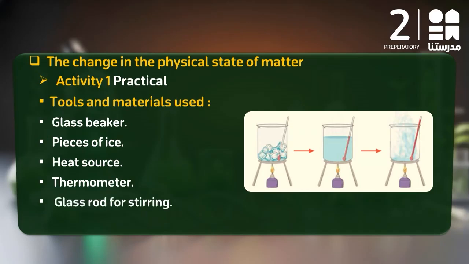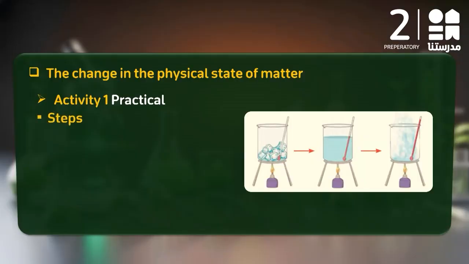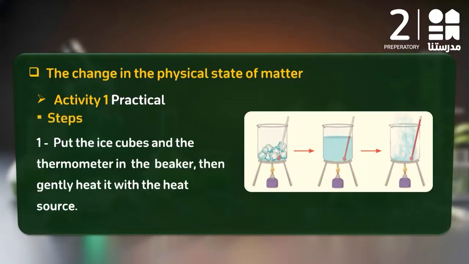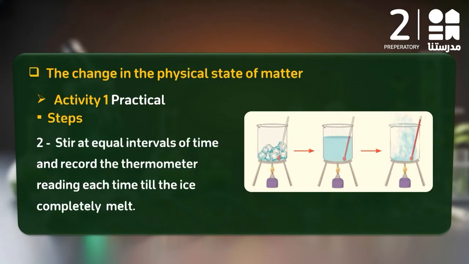Now, let's go to the steps. We must have a stopwatch. The first step: put the cubes of ice and the thermometer in the beaker, then gently heat it with the heat source. Stir at equal intervals of time, gradually, and record the thermometer reading each time until the ice completely melts.